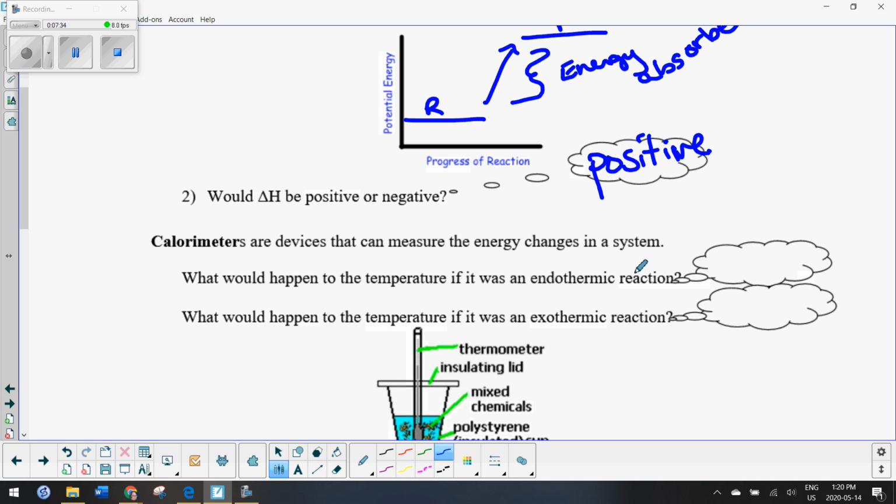Think in your head. If you thought colder, so temp would drop, you are correct. So temperature decreases. Now what would happen to the temperature if it was an exothermic reaction? So temperature would do the opposite, increase.